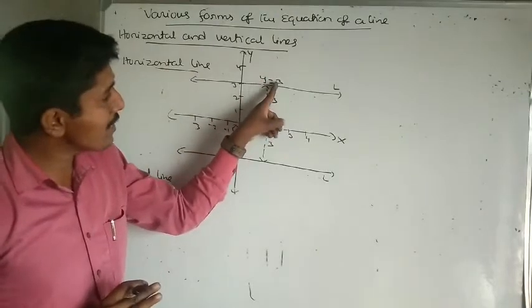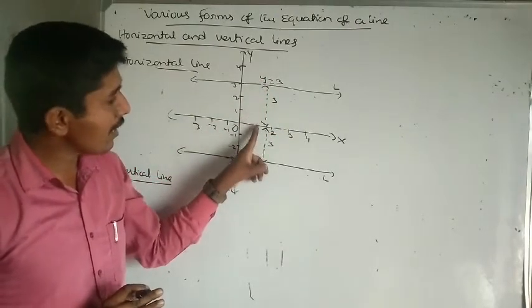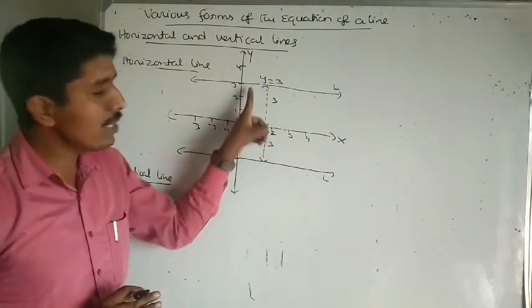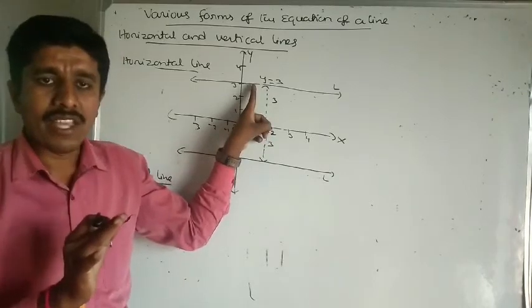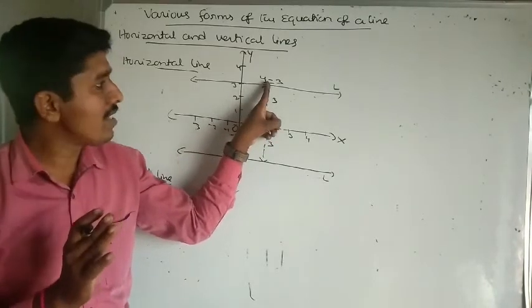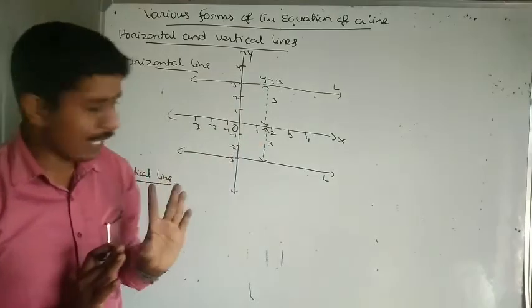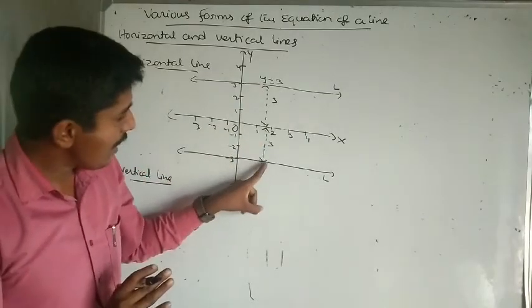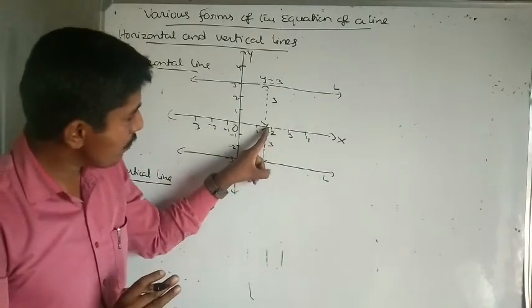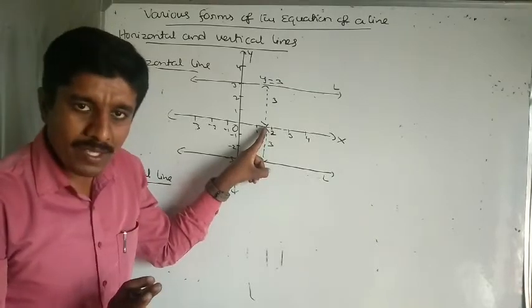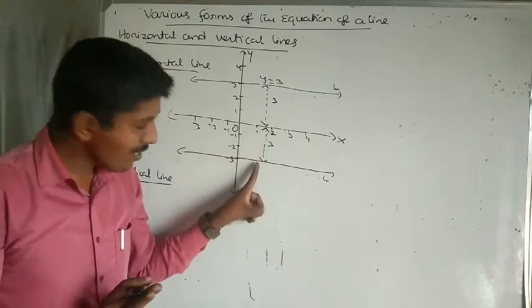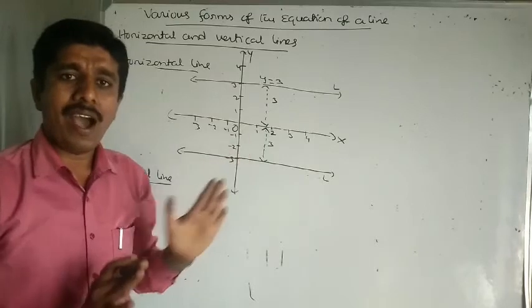Y equal to +3 means this line lies above the x-axis or above the origin. Clearly, the other line is also at a distance of 3 units from the x-axis, but it lies below the x-axis or below the origin.